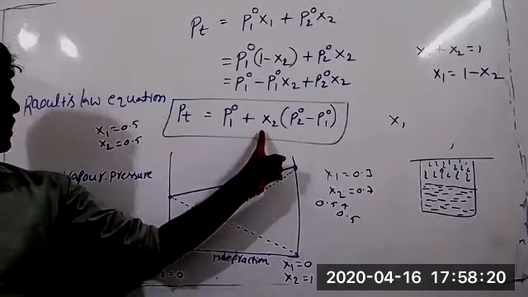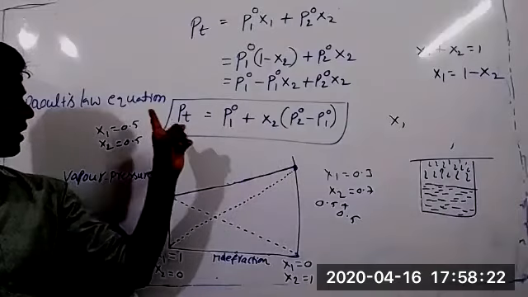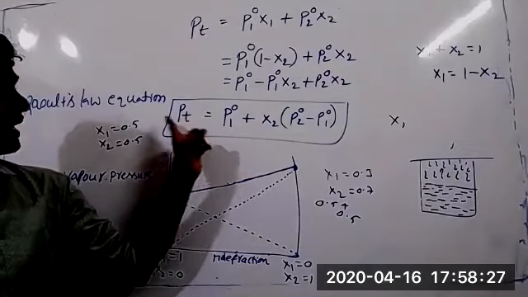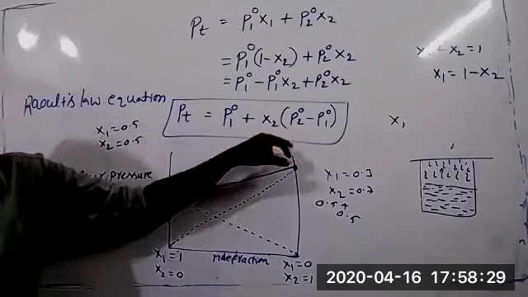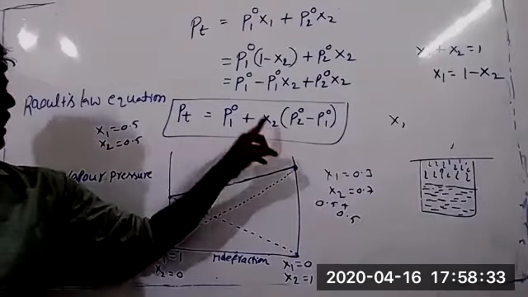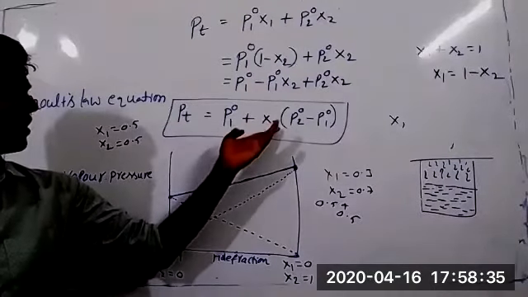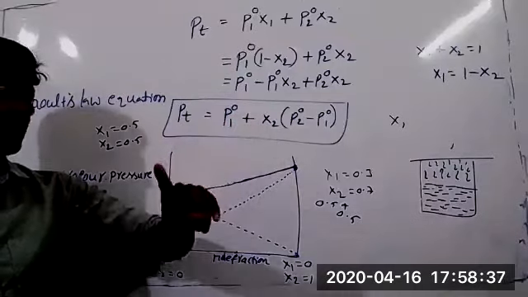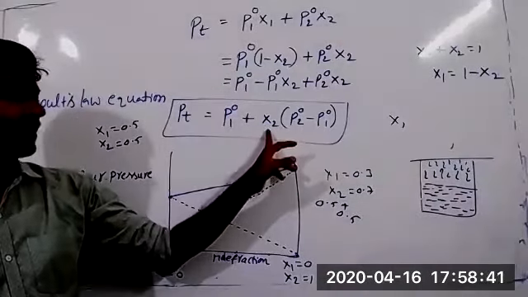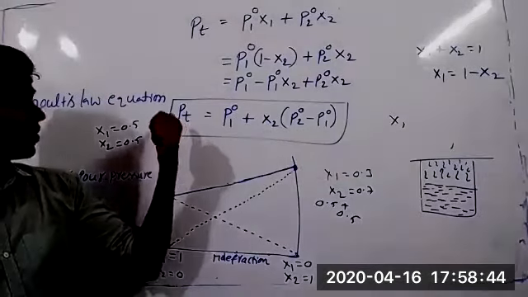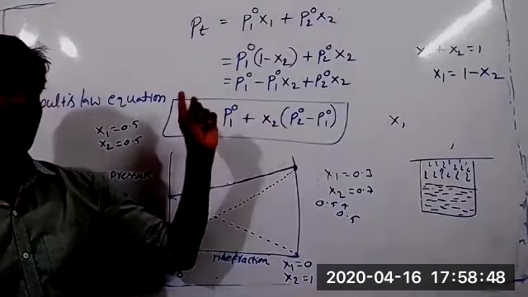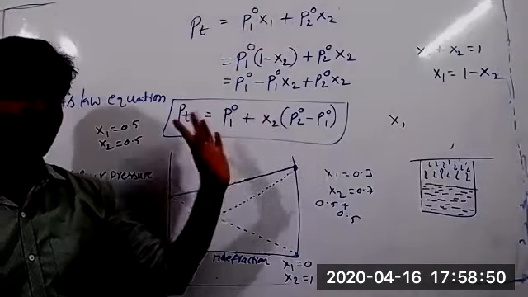So observe this equation. Total pressure of a solution is linearly moving with mole fraction of any one of the components. Here we are taking only component 2. You can make this relation with component 1 also, just by changing here, we can get x1 also. So total pressure of a solution linearly moves with mole fraction of any one of the components.